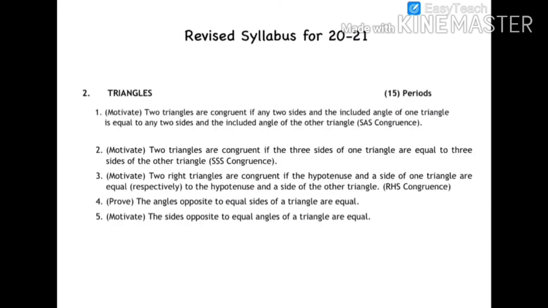For the current year, we have revised syllabus for 9th standard maths. So you are expected to learn the proof for isosceles triangle property, and all other statements are to be understood without a proof.